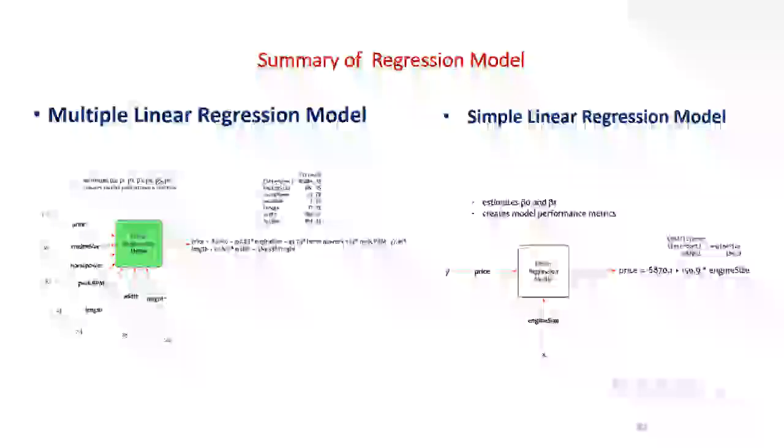So you have six independent variables, the explanatory variables. The explained variable is the price. So price is being explained by the explanatory variables like engine size, horsepower, to height, right?